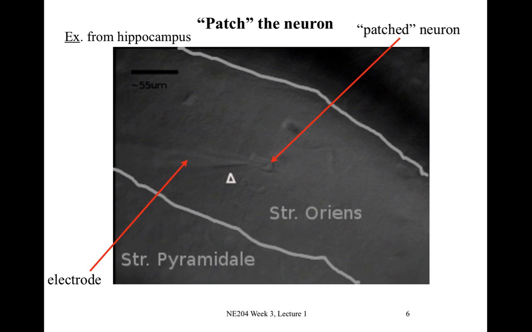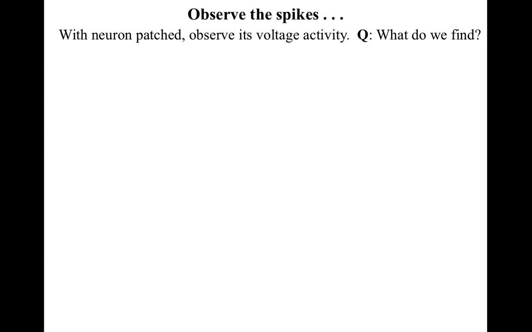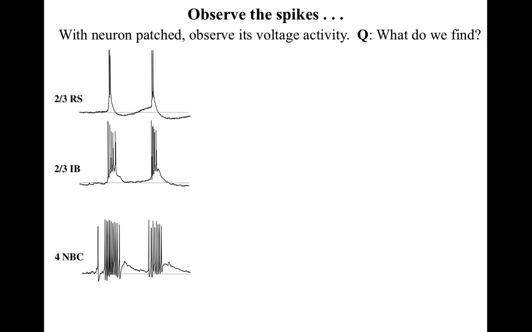So that's the experimental setup. A glass electrode is stuck into a petri dish, and an individual neuron is patched and recorded. And what's actually observed is the voltage activity of this single neuron. And what is actually found when this voltage activity is investigated? Well, it turns out there are lots of different types of activity that can be observed from an individual neuron.